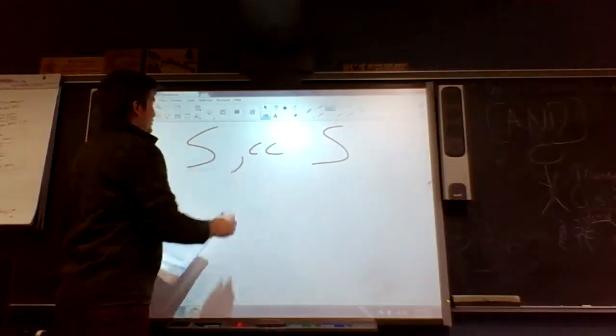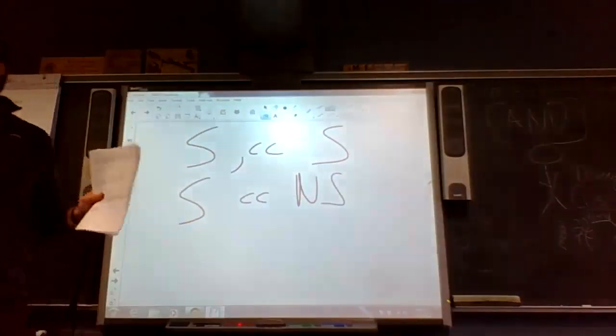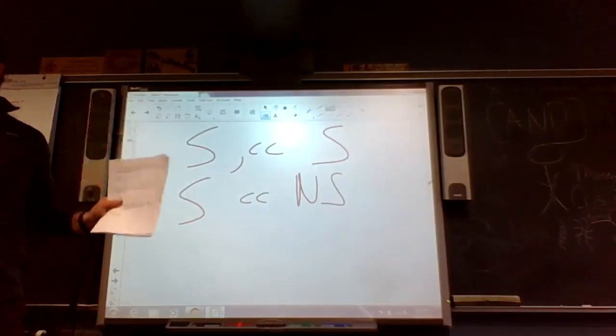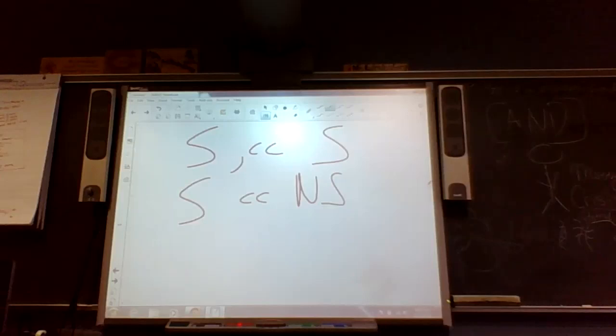Before the coordinating conjunction. If you have sentence, coordinating conjunction, not a sentence, what's going on with your comma? You don't need one. How do you decide what coordinating conjunction to use? Or how do you decide if an author has used a FANBOYS correctly?